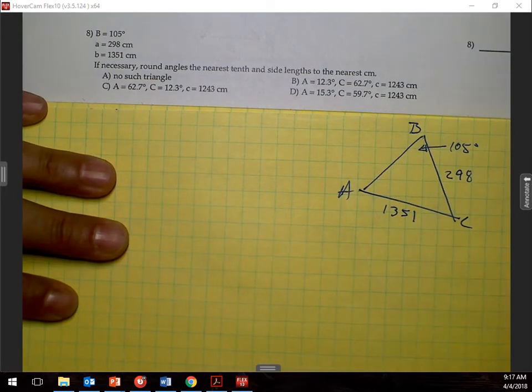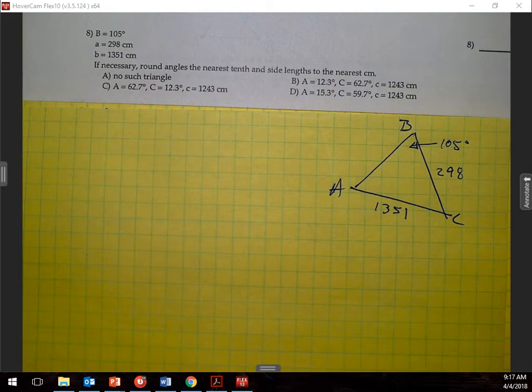Alright, so in this triangle, what information do we have? A whole lot. I have b, right? But what type of triangle? Angle side side, right? Why do we have so much of that?